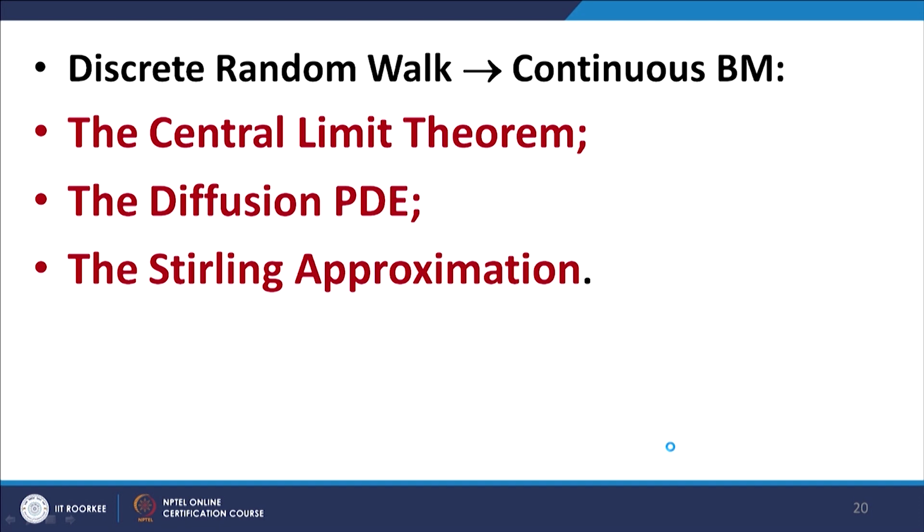I have already given an introduction to the Stirling approximation when we talked about the Gaussian distribution as a limiting case of the binomial distribution. So, that gives you a feel of how this particular case could be manipulated to arrive at the continuous limit. I shall start with the central limit theorem, and then I will also discuss the diffusion partial differential equation.